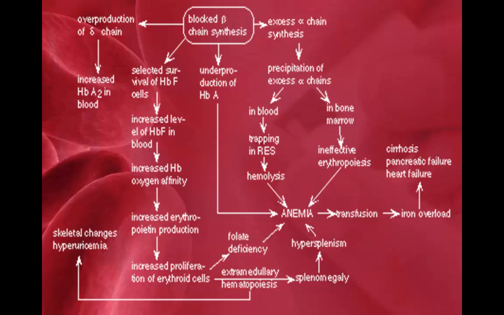Remember that the spleen is not only a secondary lymph organ, but is also in charge of getting rid of the old and malformed red blood cells. So the spleen is going to be constantly active, working to get rid of those cells that are destroyed. So patients can go into splenomegaly and also autosplenectomy and hypersplenism. In addition, not only would patients have hemolysis, but all the components for erythropoiesis will be affected.